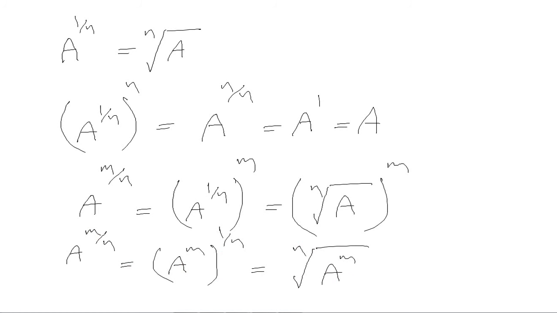So as you can see, a to the power of m over n is equal to the radical index n of a to the power of m, which is also equal to the radical of a index n, to the power of m.